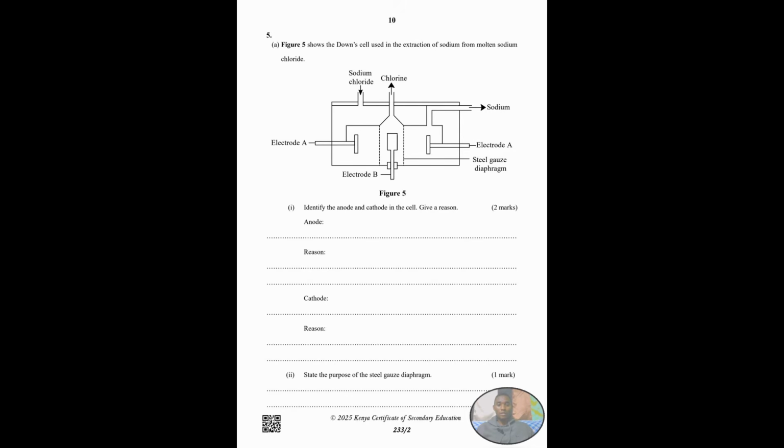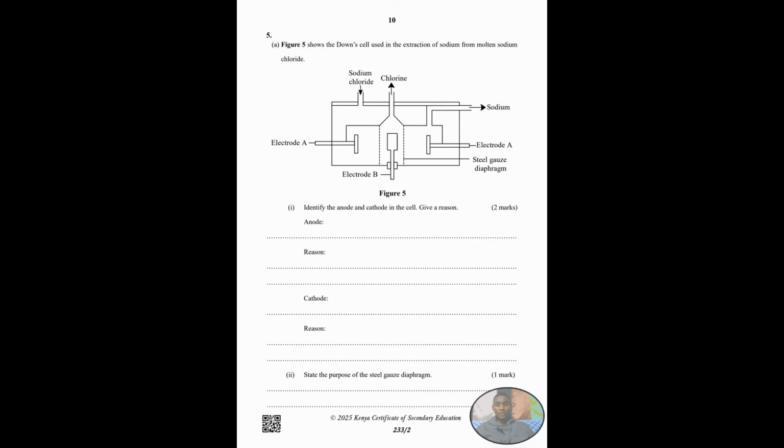When you look at the Downs cell, we can see on this inlet we have sodium chloride that enters through this particular inlet. Then we have chlorine gas coming out from this other outlet, and an outlet here where sodium metal in form of a liquid or molten state is released from the cell.